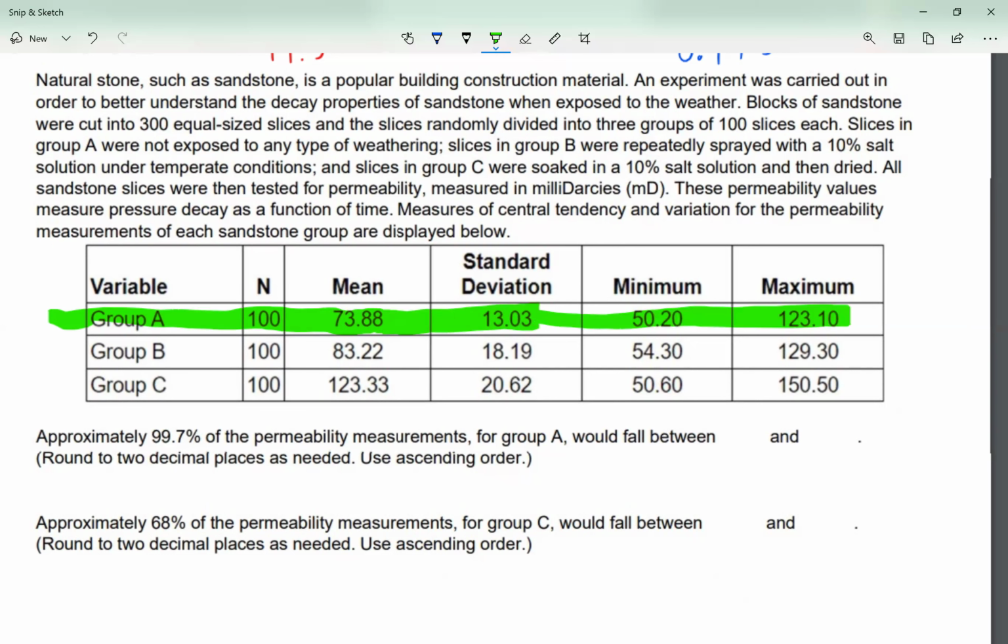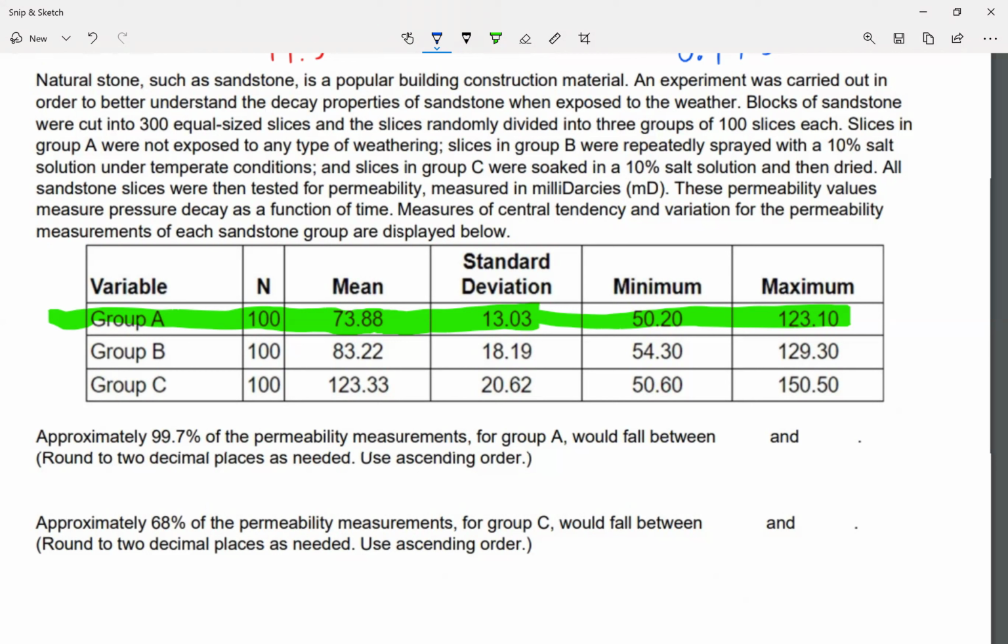Now here, approximately 99.7% of the permeability measurements for group A, so that means I'm just focusing on group A, will fall between two numbers.